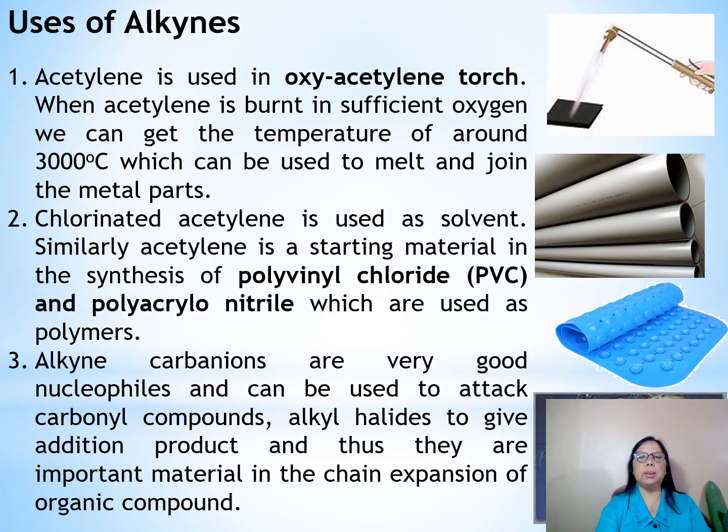When acetylene is burned in sufficient oxygen, we can get a temperature of around 3000 degrees centigrade. So you can simply see the hazard faced by the welders. They are working with fire, they are working with a torch, and the fire in the torch could yield 3000 degrees centigrade, high enough to melt metal parts and join them together while they are still in the soft condition.